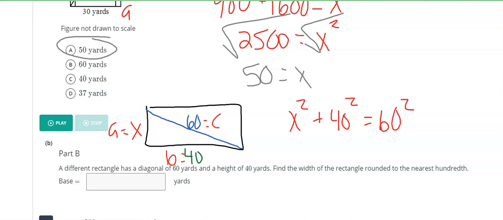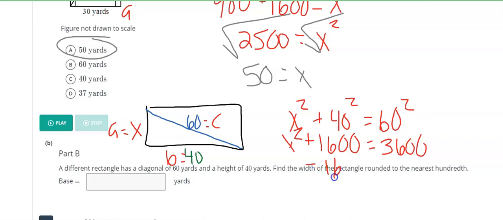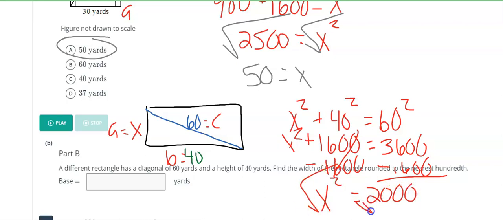40 squared we already know is 1600, and 60 squared is equal to 3600. So I can subtract 1600 from each side to get x squared is equal to 2000. And I need to take the square root of each side.